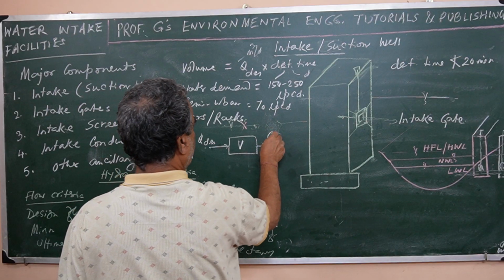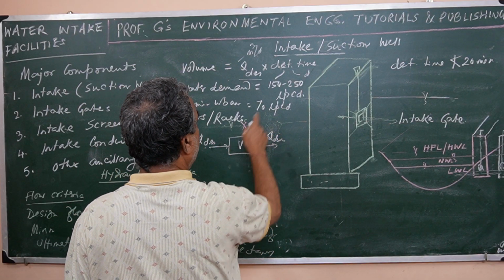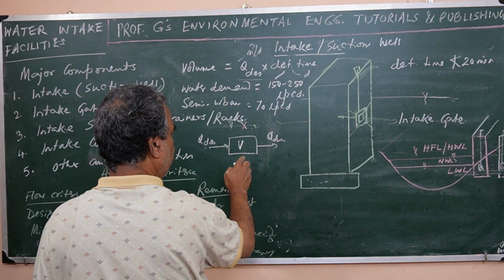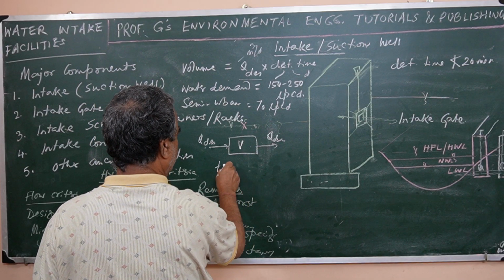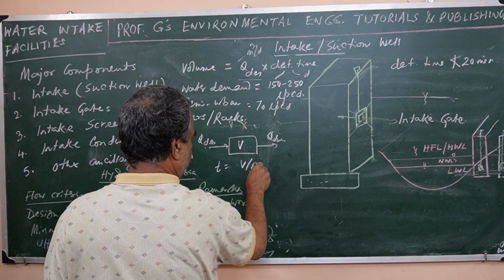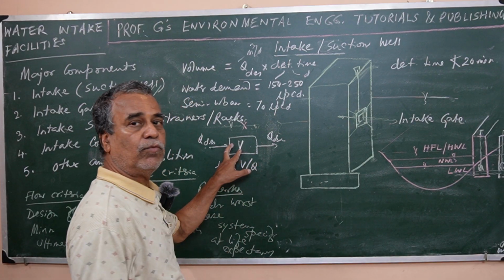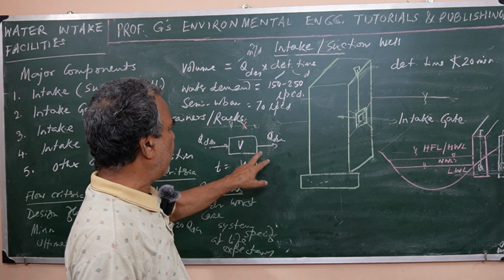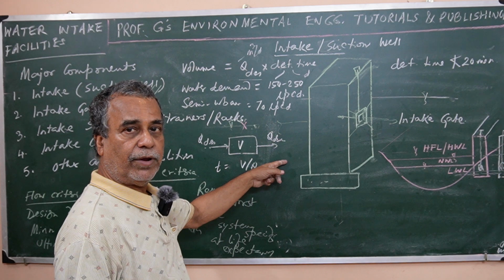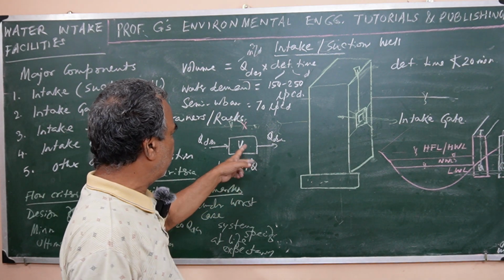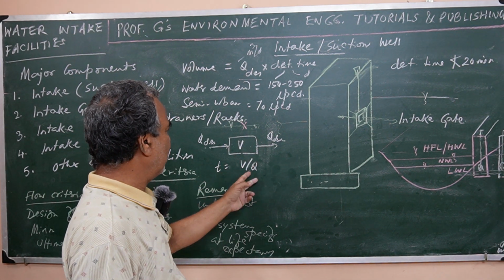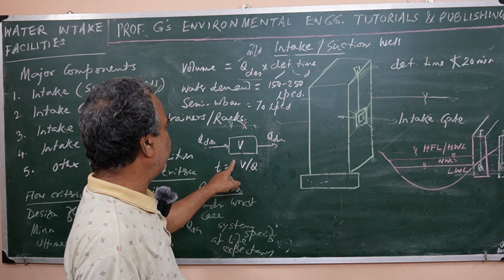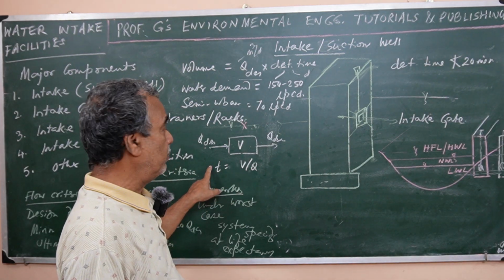Q design into time, how long you want to detain on a continuous basis, the time is V by Q. That means if you provide a volume V in meter cube, and Q design is continuously moving, then V by Q will automatically determine the detention time.